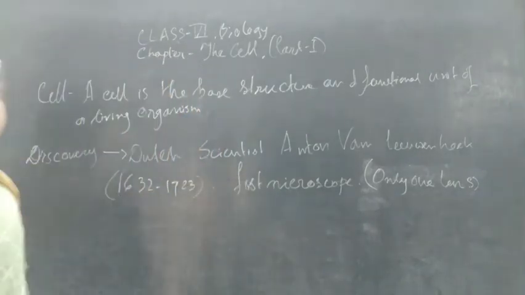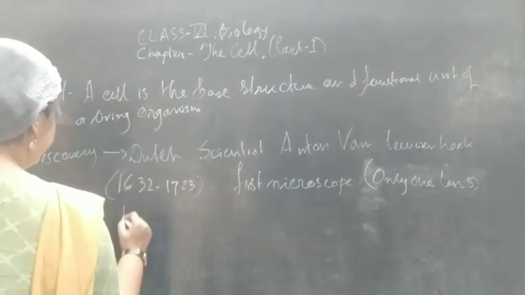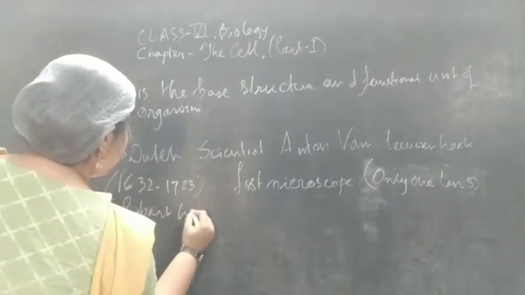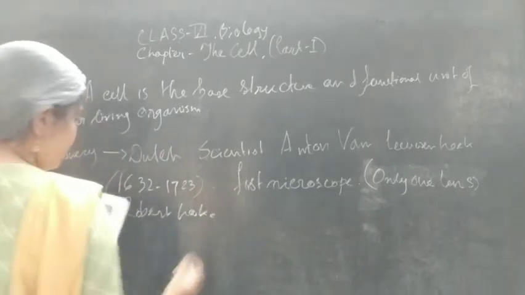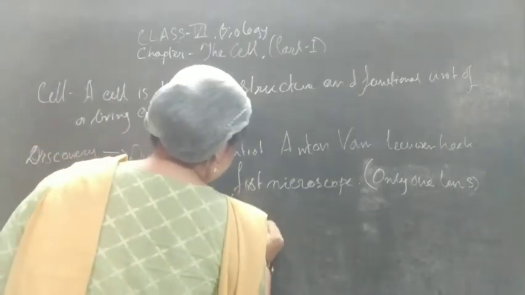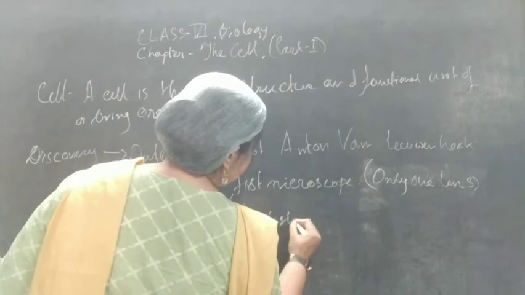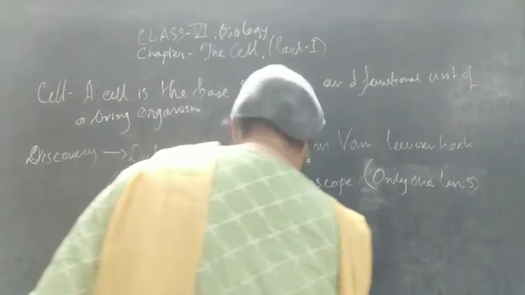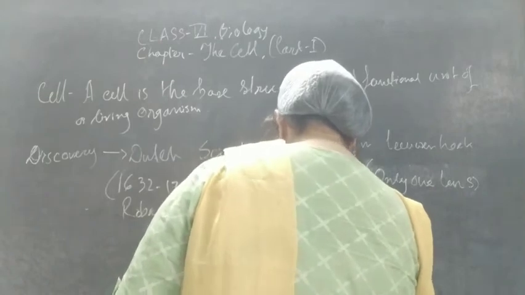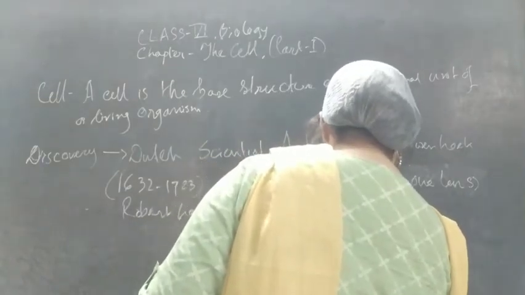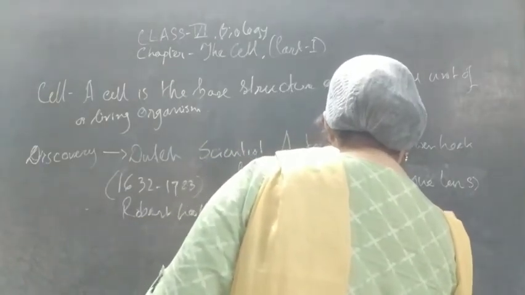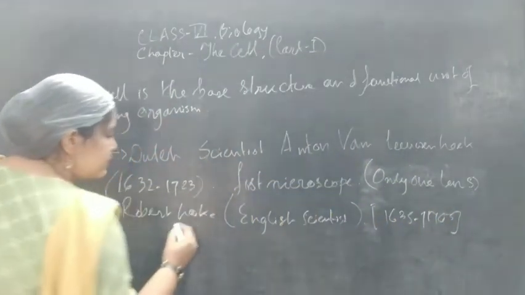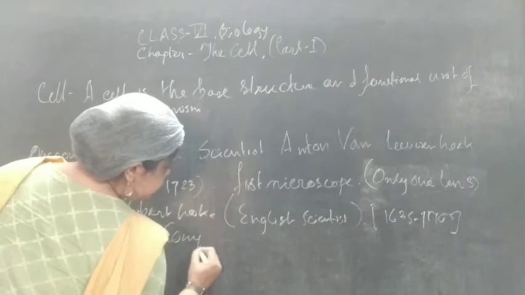And next, after that, Robert Hooke, who is an English scientist, discovered, in 1635 to 1703, a microscope which is called the compound microscope.